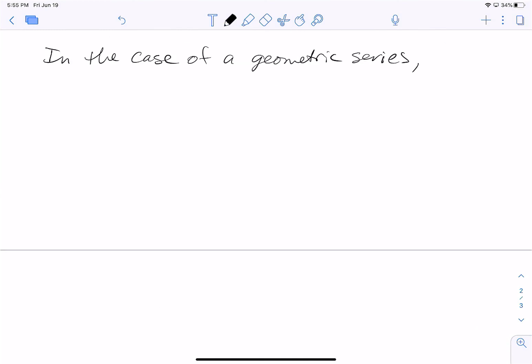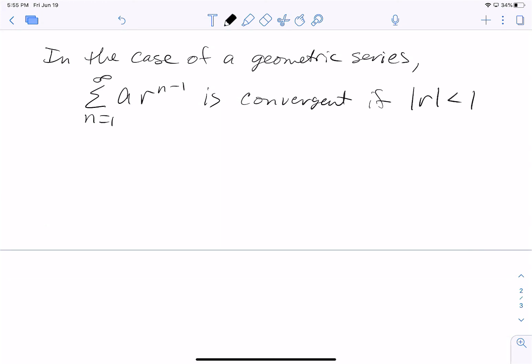In order to bring this home a little bit, in the case of a geometric series, the sum as n goes from 1 to infinity of a times r to the n minus 1 is convergent if the absolute value of r is less than 1 and divergent otherwise.